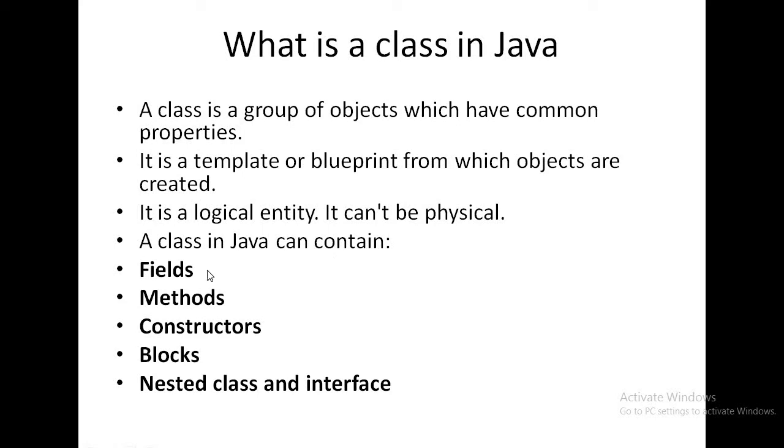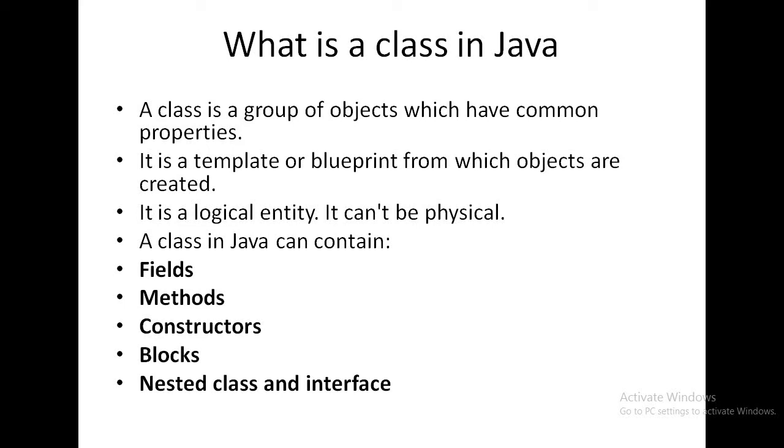Then in Java, a class contains different types of fields. Fields means data members or variables. Methods means different functions. Constructor, we have already discussed in your C++. In Java also constructors are present which have the same name as the class name. Different blocks are also present. Blocks means static block, if block, else block, for block, like that.